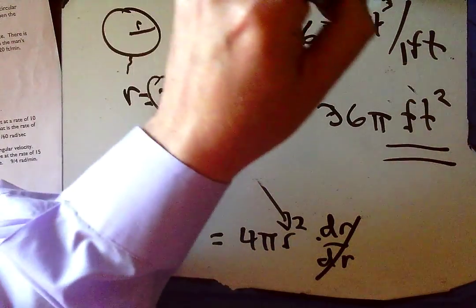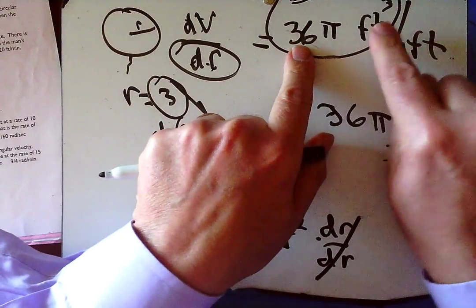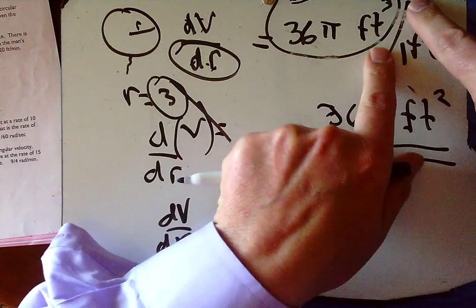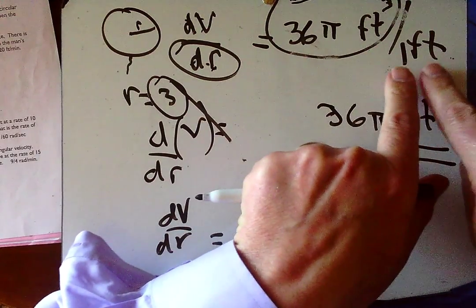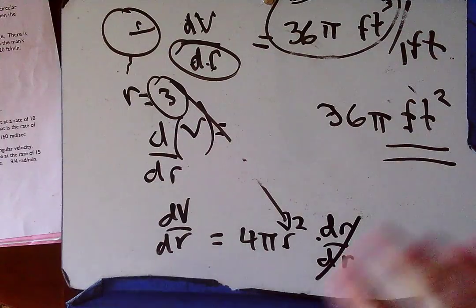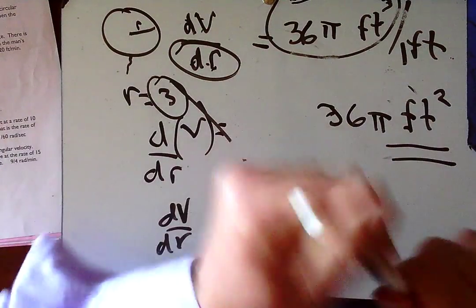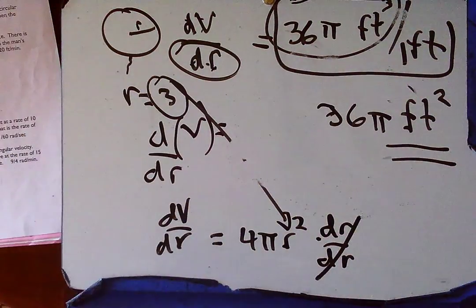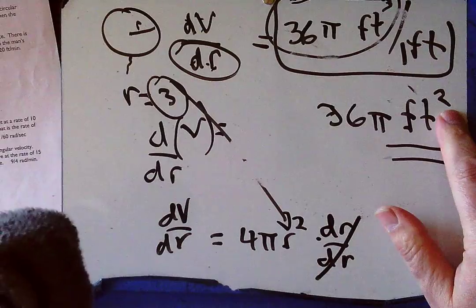But I do understand this as, oh, look, my volume is going up by 36 pi as my radius is going up by 1 foot. Okay? So, yeah, this one, the answer is there. 36 pi cubic feet over foot. And sure, you could certainly turn it into that, but I don't know what that means. I don't know. And maybe someone will tell me.